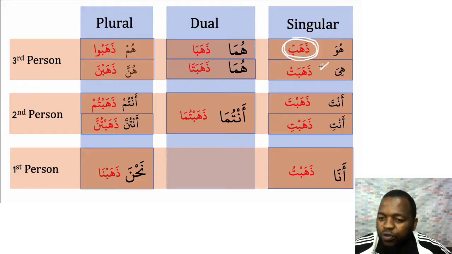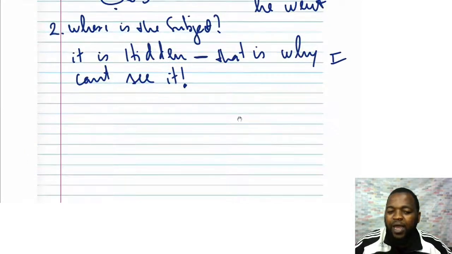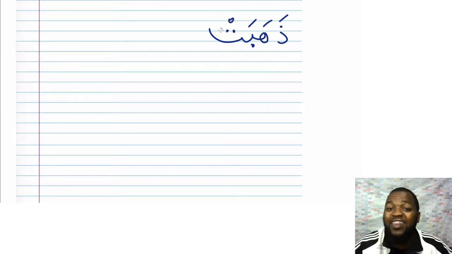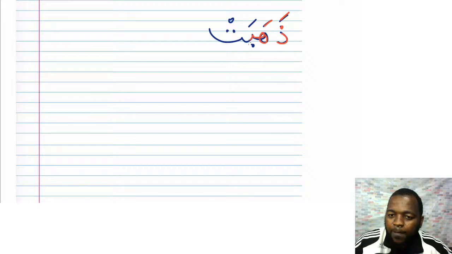Now let's go to the feminine. We have here dhahabat. What is the verb? Dhahaba. The verb is this. This is the verb.